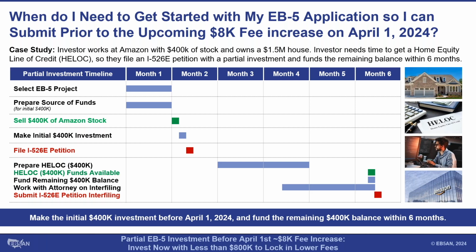So in this case, you are preparing HELOC, you have the funds available in order to fund by month 6. But as you're getting those funds together, you're working with the attorney to put together the documentation also to show the source and the trace of the funds. And then either you get an RFE or you interfile and you submit the documentation to the USCIS at month 6.